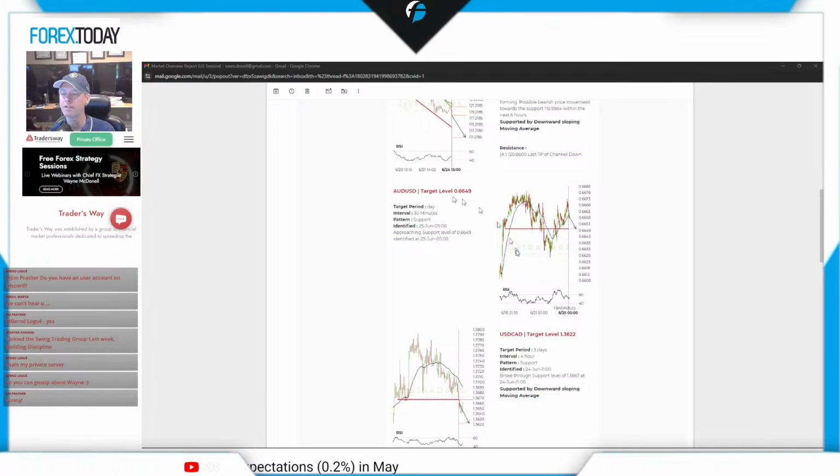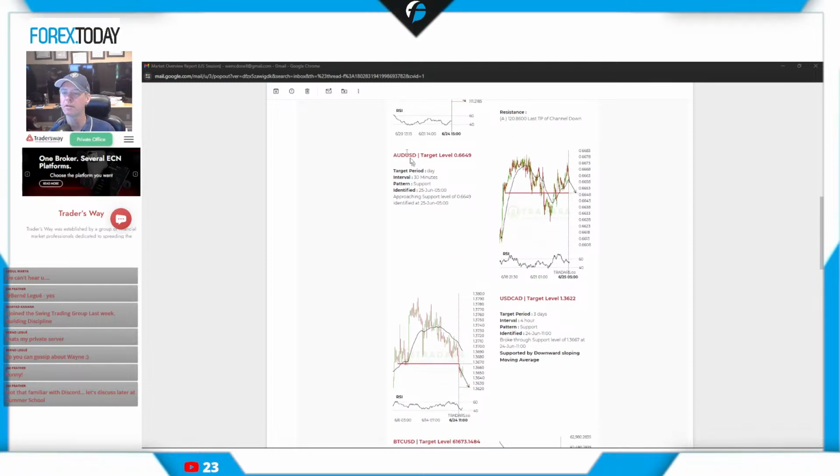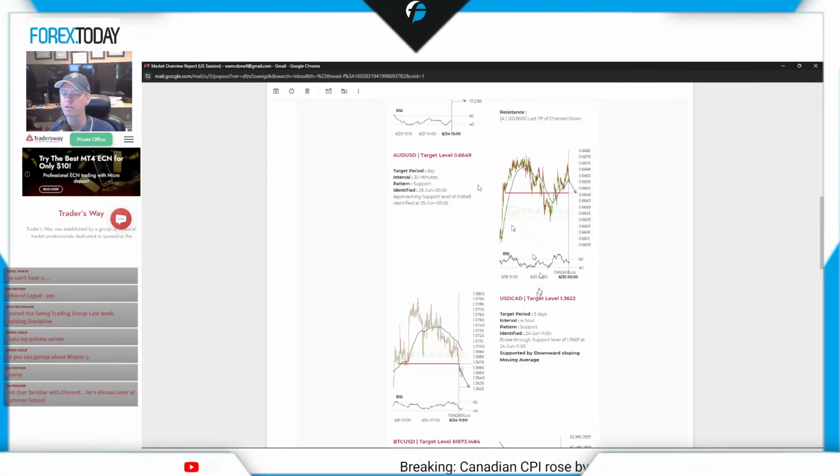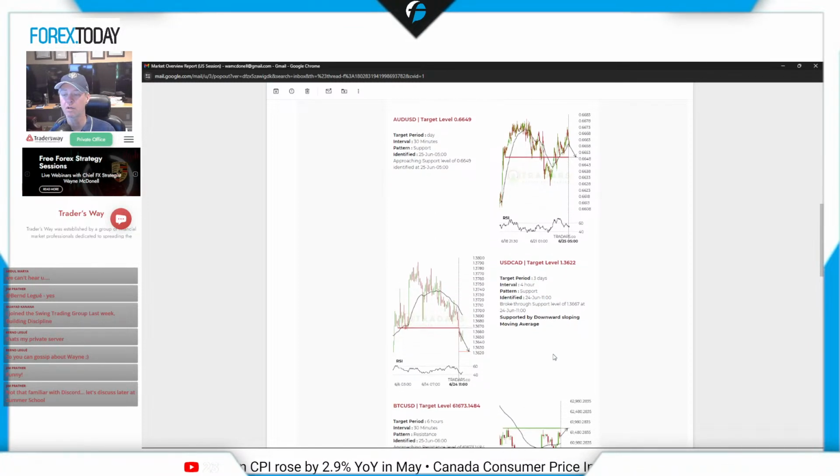Aussie dollar down. USD CAD down. Now notice what this is telling you. US dollar non-directional. Because this says US dollar strength. This says US dollar weakness. Or US dollar's neutral. Aussie's giving up. Or USD kitty cat is strong.